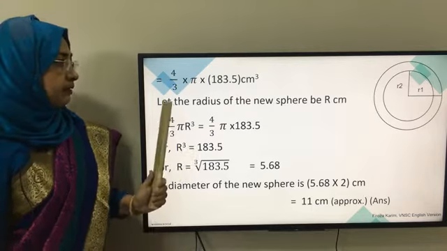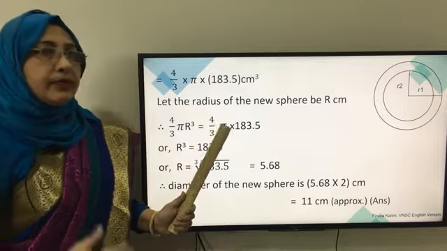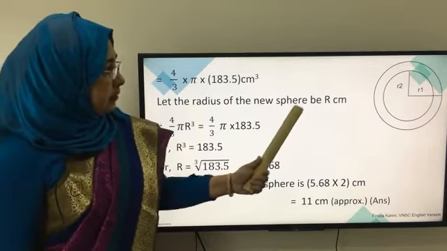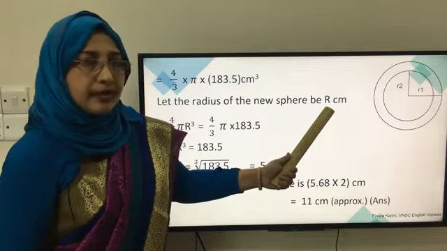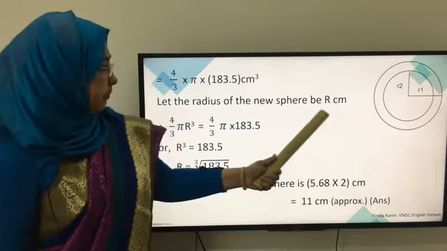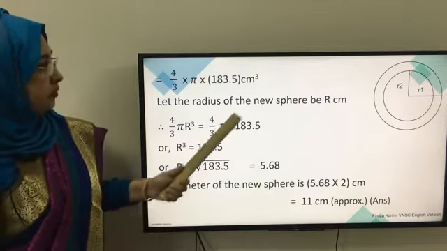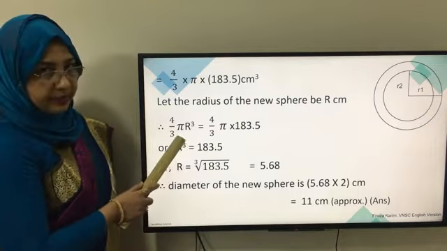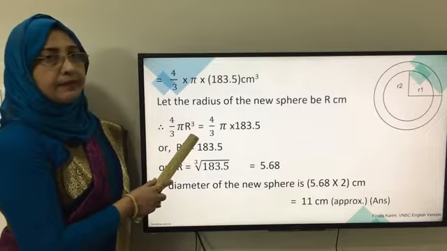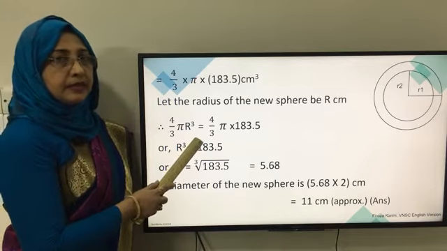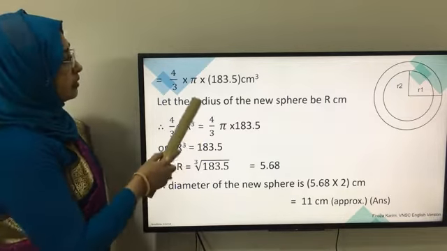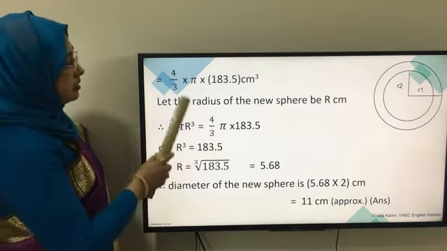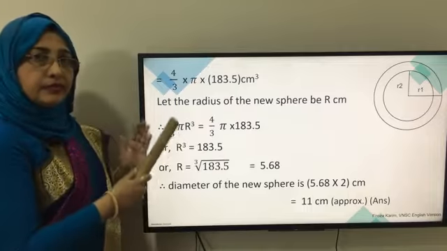Then we have to form a new sphere, and we assume that the radius of the new sphere is R centimeter. So the volume of the new sphere will be 4 by 3 pi R cubed. But the iron contained in the previous sphere is the iron contained in the new sphere.